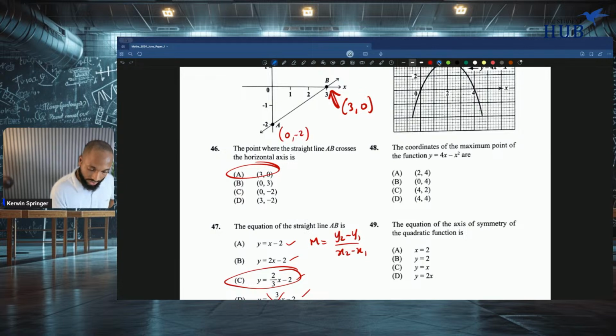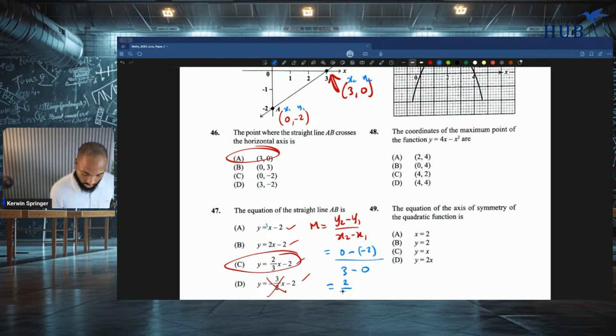We'll call these x1, y1 and x2, y2. Substituting, we already found the y-intercept is -2. So the gradient is 0 minus negative 2 over 3 minus 0. All of a sudden, we end up with a nice-looking 2/3 as the gradient. So now we're sure it is C. We're sure that it's C.